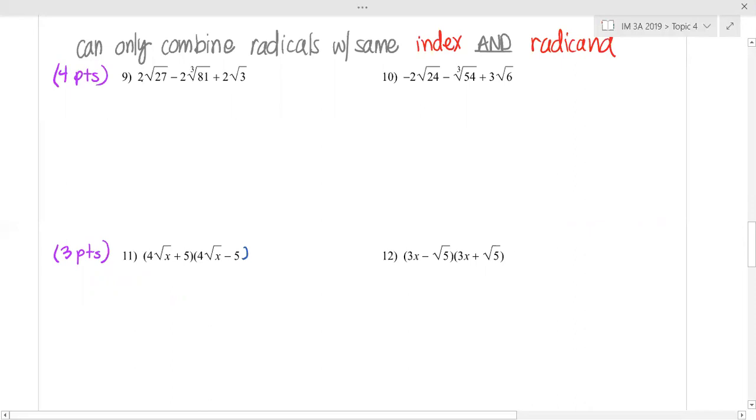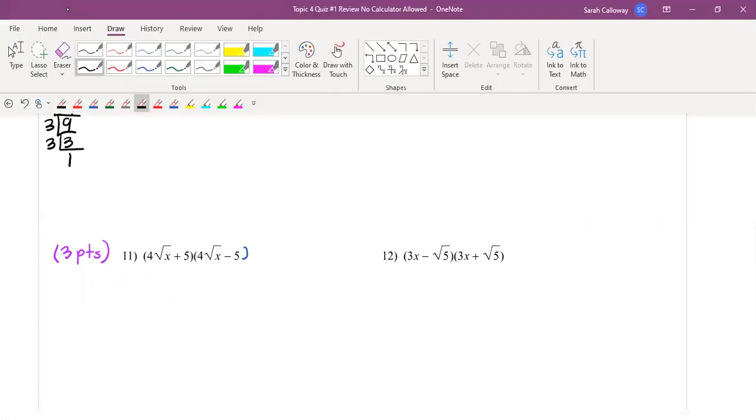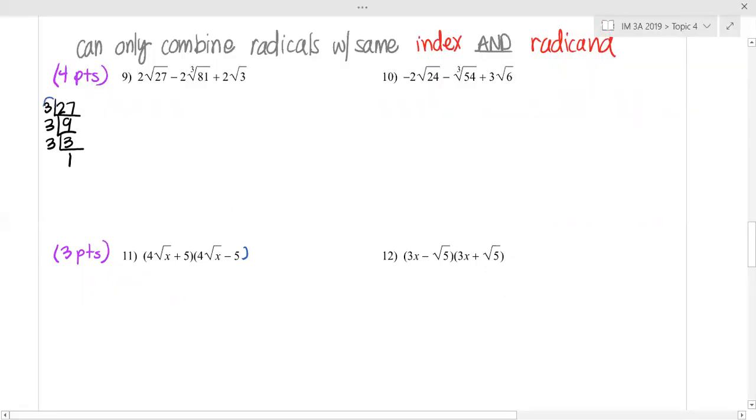So for the first one, I had 2 times the square root of 27. So let's start by factoring 27. So 27 is 3 times 9, which is 3 times 3 times 3, which is 3 times 1. Since this is a square root, I'm only looking for 2 of the same number.